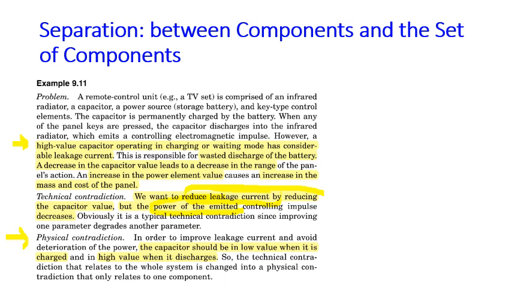The capacitor should be in low value when it is charged, meaning that when you are not using the remote, it should be in low value so that it will not consume the battery power. But it should be in high value when it discharges. So when you are using the remote, the value of the capacitor should be high. But when you're not using the remote control, then the value of the capacitor should be low. So that's the physical contradiction.